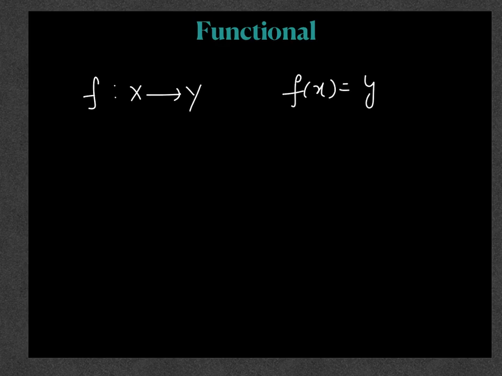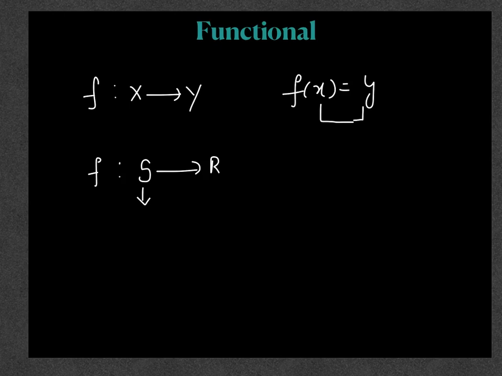So for each element of x, there will be one element y; that is known as a function. Now a functional is a mapping from a set to the real numbers. So it is a mapping from a set of functions to the real numbers. For each element in S, it gives one real number. Such functions are known as functionals.